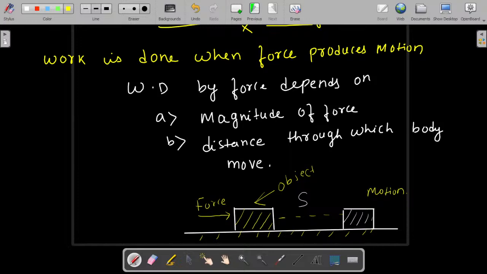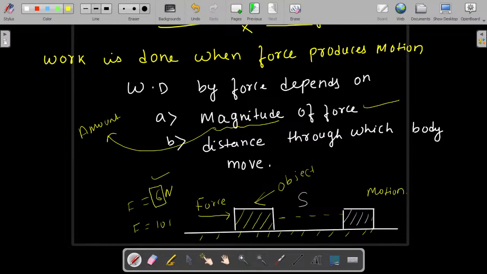And this work done depends on the magnitude of force. Magnitude means amount. Suppose I am applying a force of first 6 Newton. So this 6 is the magnitude value. If I again apply the force of 10 Newton, this 10 is the magnitude of the force.